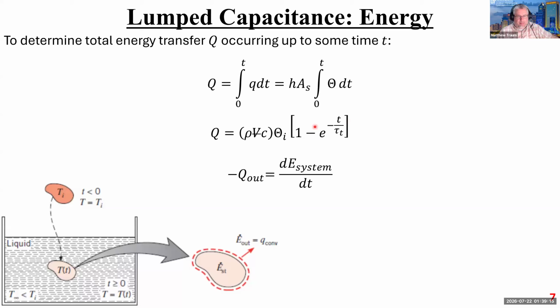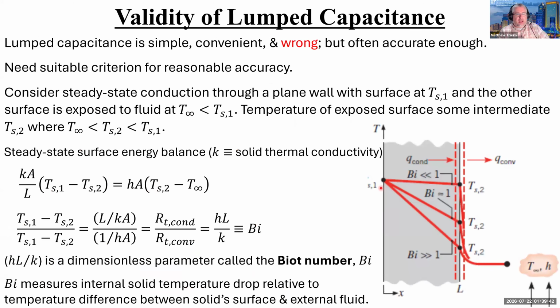Plug in the value for t and out pops Q. And as promised, that Q is just the amount of energy change in the system. So using lumped capacitance, we can figure out the temperature at any time, and we can figure out how much heat was transferred out of or into our object for any time. So we have those two pieces in our arsenal.